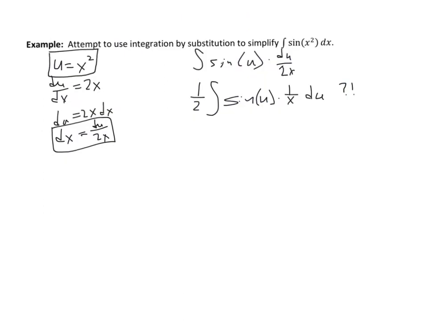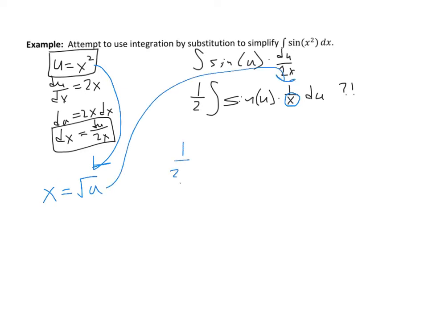Let's look at that first problem that we did where it seemed like integration by substitution had failed. Is it possible for me to find a way to replace this x? Well, sure, I could come over to this substitution and say, aha, wait a minute, x is the square root of u. And so if I plugged that in, I would have 1/2 the integral of sine u times 1 over the square root of u du.